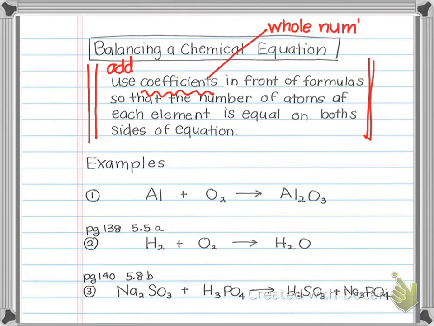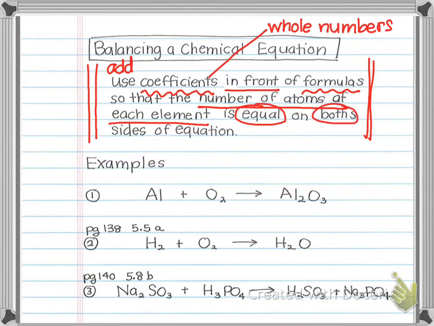And we're going to place these whole numbers in front of the formulas. Now, what's going to motivate us is the second part: the number of atoms of each element is equal on both sides of the equation. So the number of each type of atom on the reactant side is going to equal the number of each type of atom on the product side.